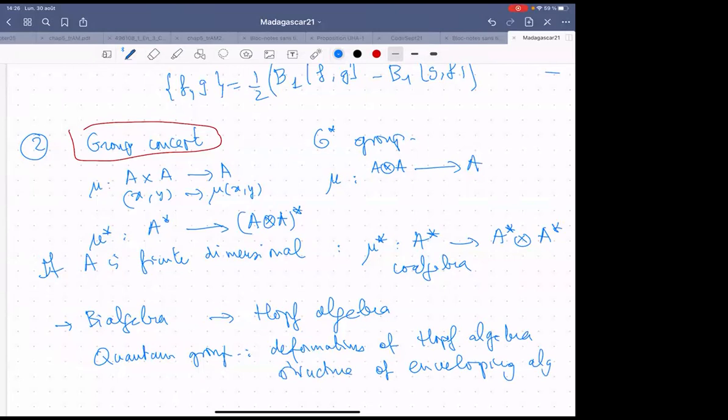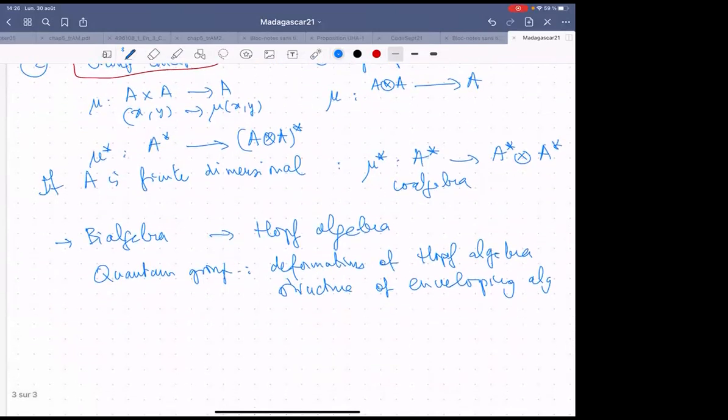Of course, for a given Lie algebra, and here usually we consider simple Lie algebras, which cannot be deformed if they are regarded only as a Lie algebra, and their enveloping algebra cannot be deformed as well. But if we consider this Hopf algebra structure, we can construct some deformations that define what is called quantum groups.